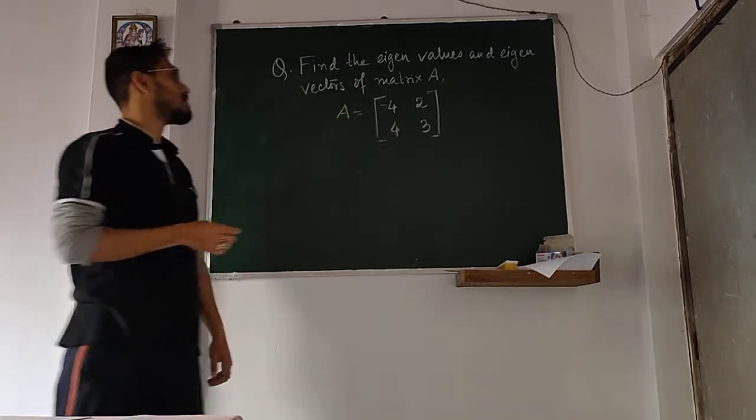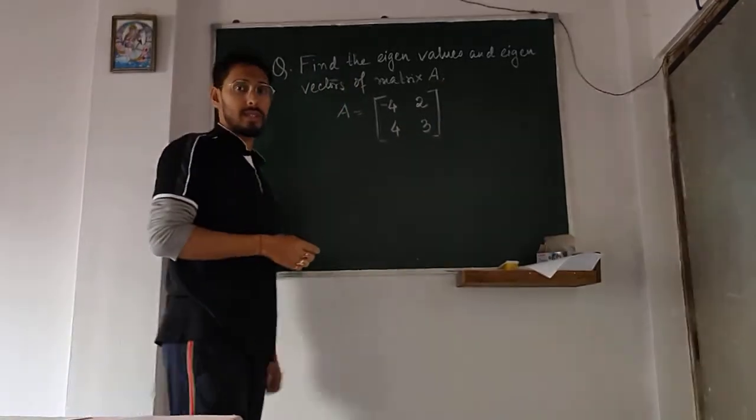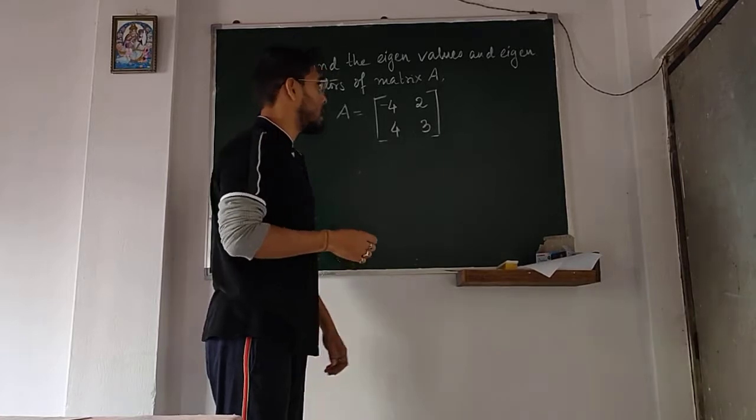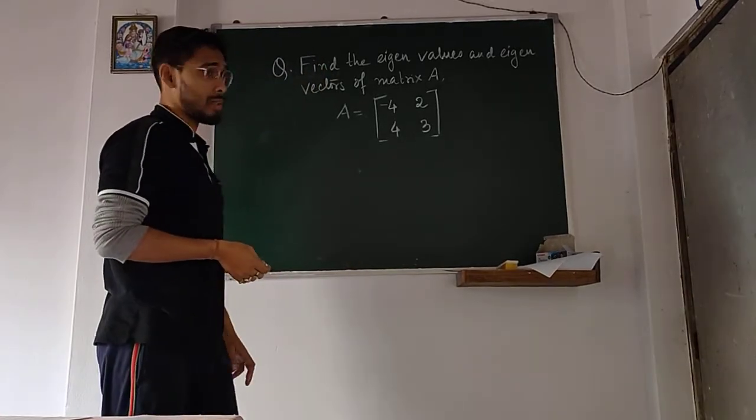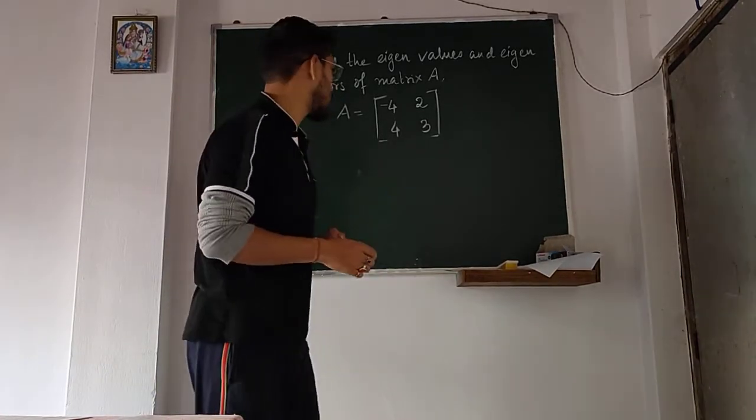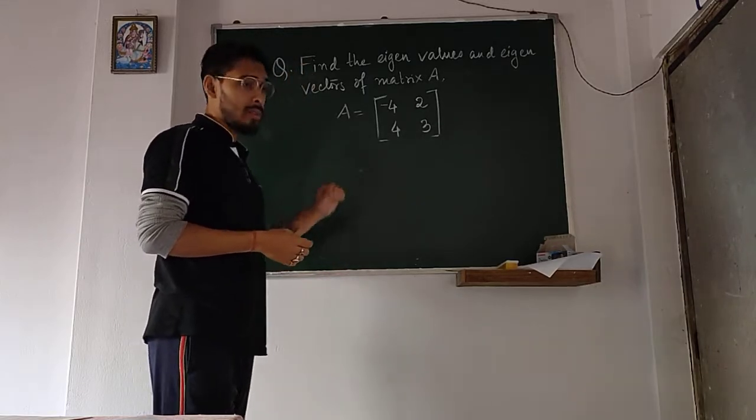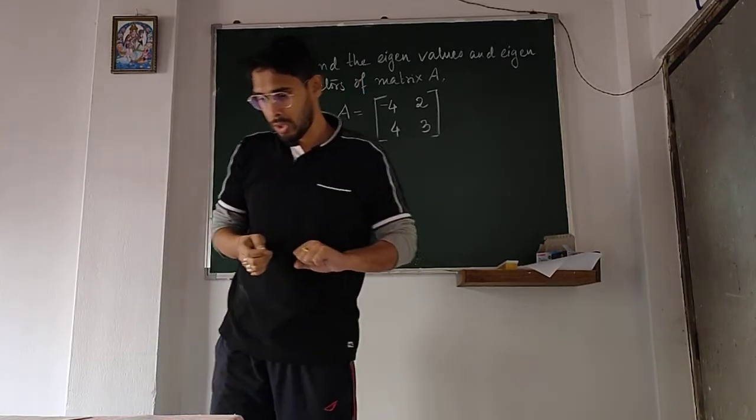So this is a particular matrix that is given to you and you need to find the eigenvalues and eigenvectors of this particular matrix. So this is the question. I hope you have all noted down the question. You can pause the video and note.